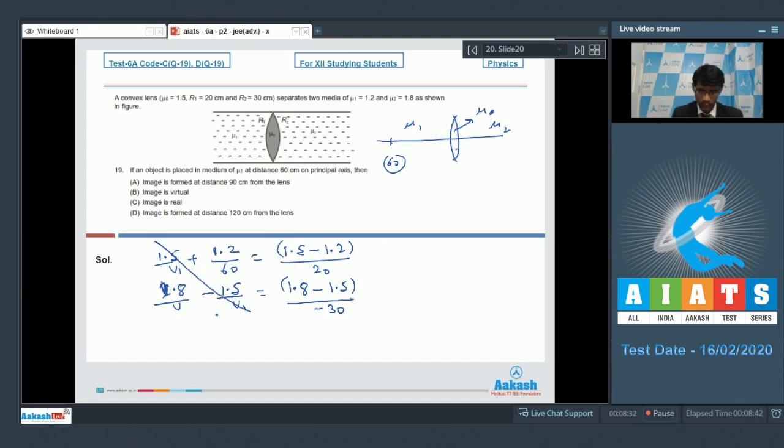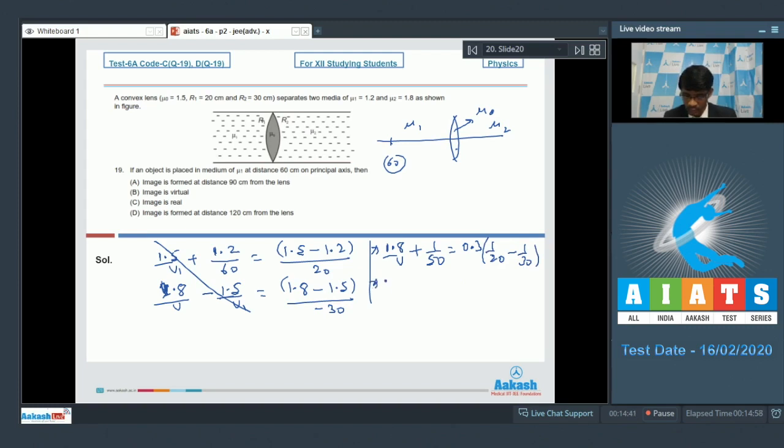This one will cancel out. If we calculate this, we will get 1.8 by V plus 1.2 divided by 60, which comes out to be 1 by 50, equal to 1.5 minus 1.2, that is 0.3, divided by 20, minus 0.3 divided by minus 30.